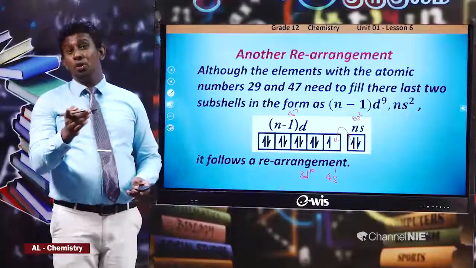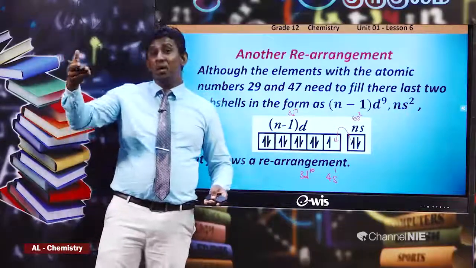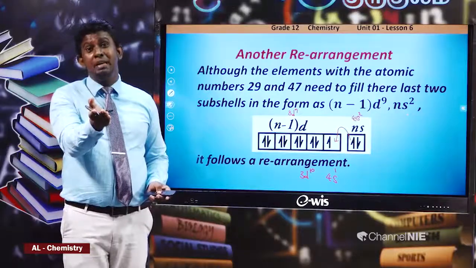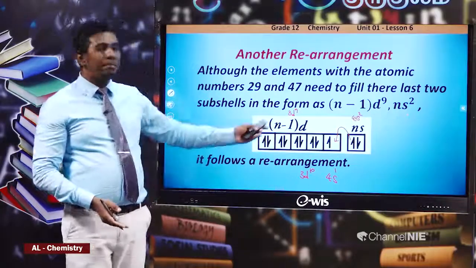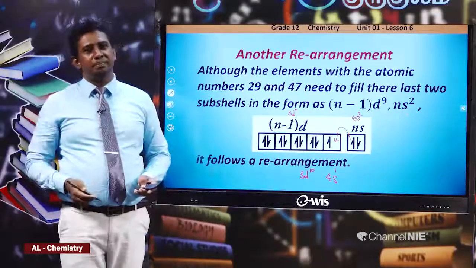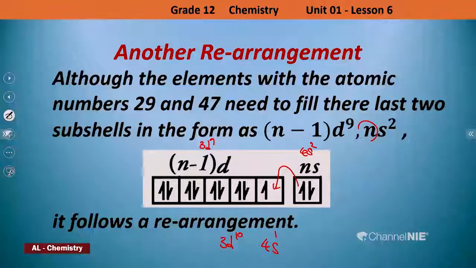There are also, at the 29th and further in the future the 47th, rearrangements made to reach a stable electronic configuration. Those are therefore exceptions. So it's given as ns2 and (n-1)d9.